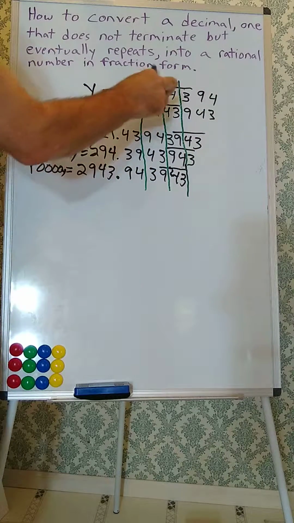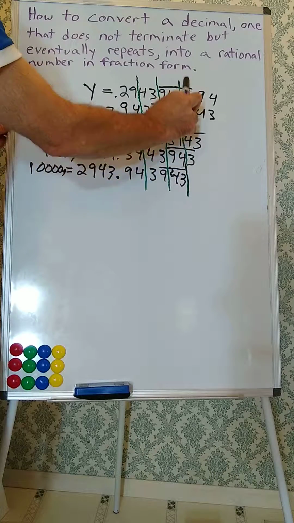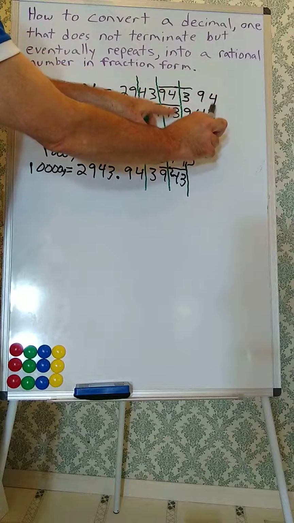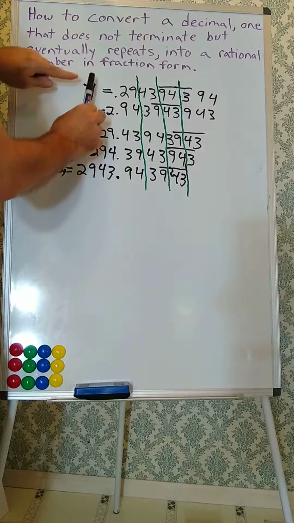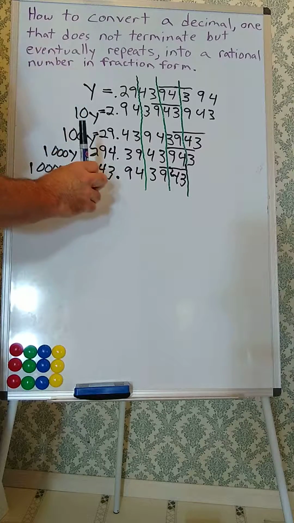We're going to see that the 9 and 4 will always be lined up, the 4 and the 3 with the 9, and the 9 with the 4 with the 3, and we're not going to get 0 if we subtract y from 10y. So let's look at 100y and y.